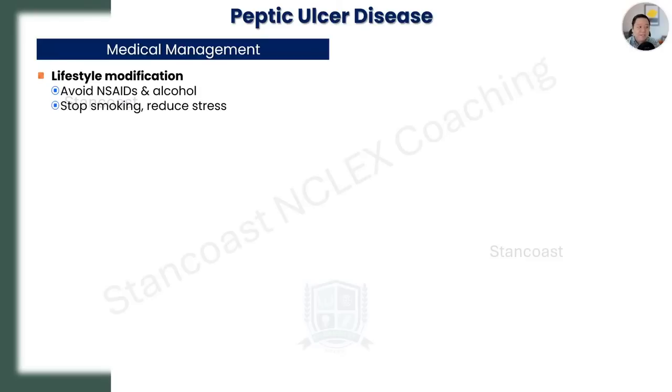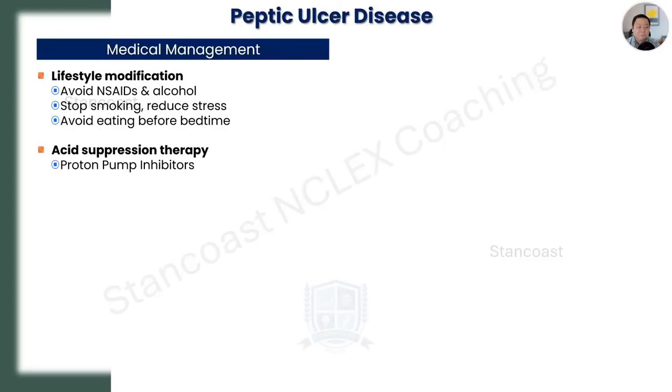We also have to encourage them to stop their habit of smoking, also reducing stress, avoiding eating before bedtime, and they should adhere to taking their medications, especially with acid suppression therapy. We already have those as the PPIs, the H2 receptor blockers, antacids, and also we need to eradicate the H. pylori infection once it is identified.